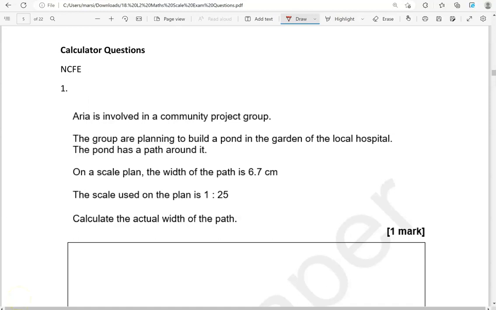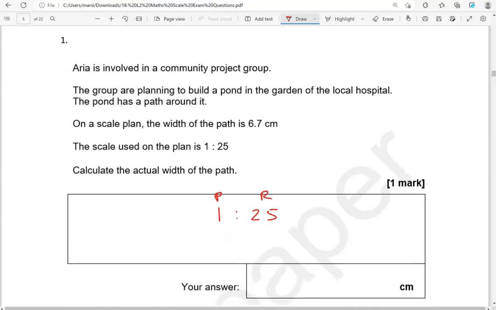So we've got a scale of 1 to 25. So that's on the plan, and 25 is in reality. So the width of the path on the plan, that is 6.7 centimeters. We've got to work it out in reality.